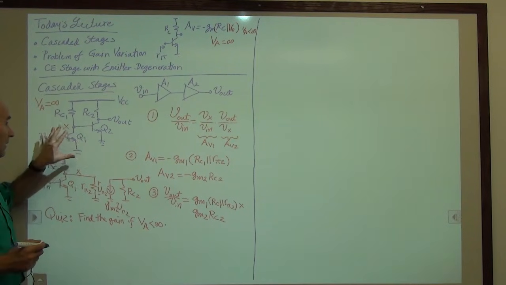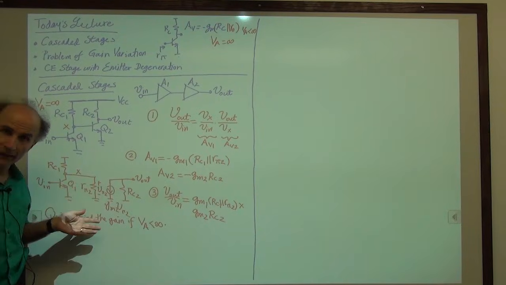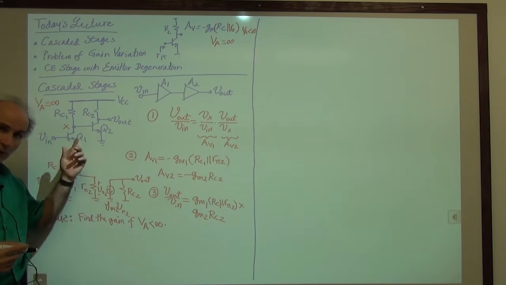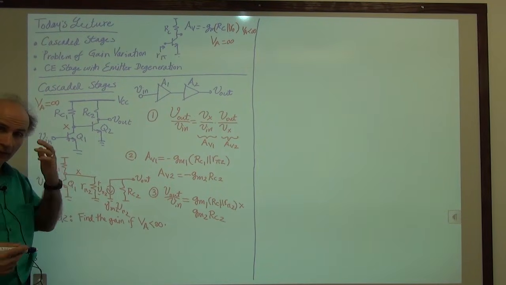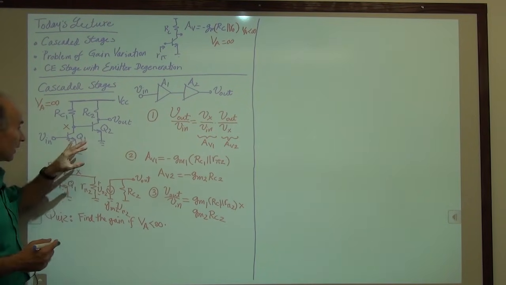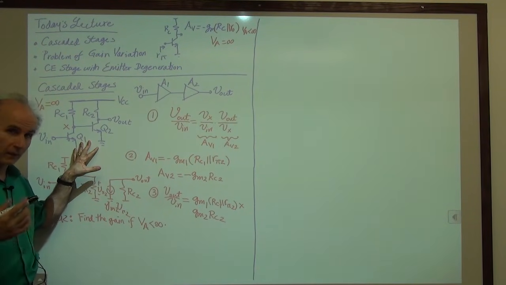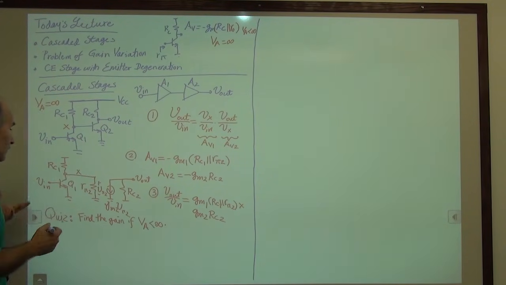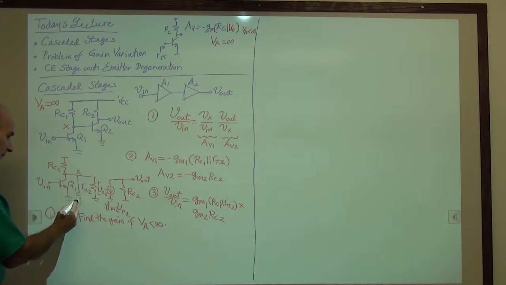You can draw it in the original schematic, you can draw it in the small signal schematic. It's fine, it's not quite correct if you draw it here, but as long as you know what you're doing, as long as you have a clear picture of what the circuit is about in mind, then it's not a problem. So I can draw RO1 here.